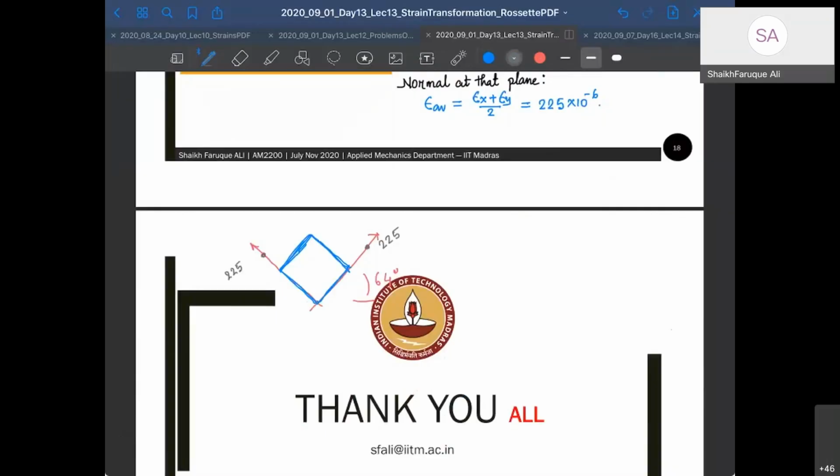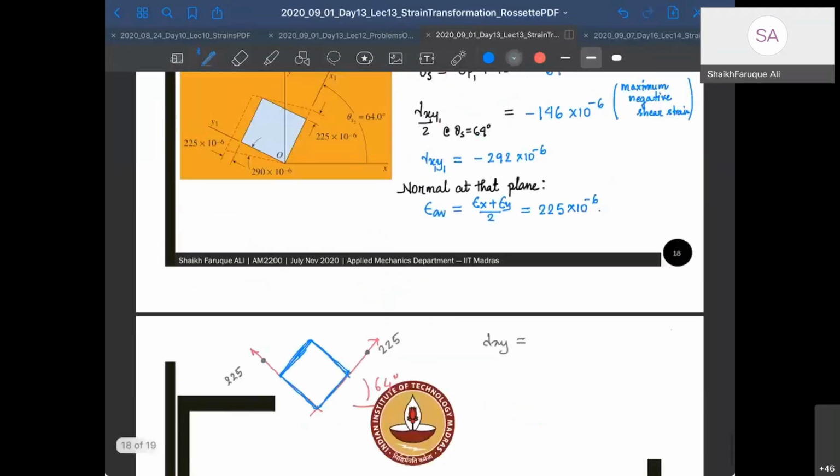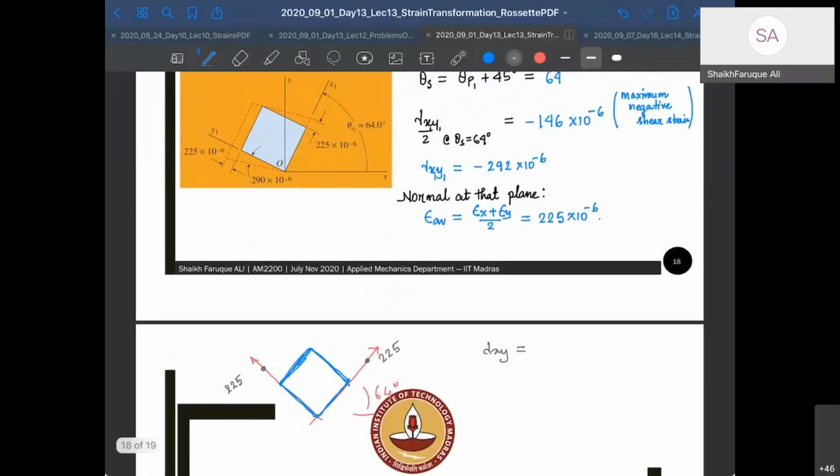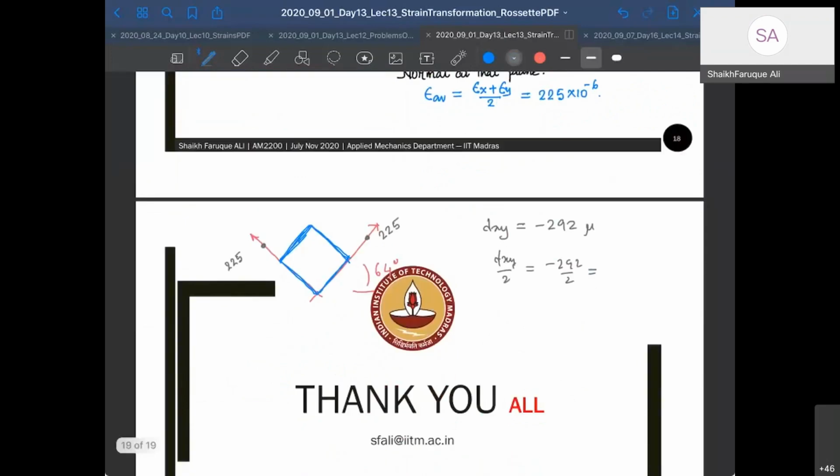Now gamma xy is equal to minus 292 micro. So gamma xy by 2 is minus 292 by 2, which is equal to how much? 146, right? Is that clear? Check it. So this is negative, so on both sides it is 146 negative.